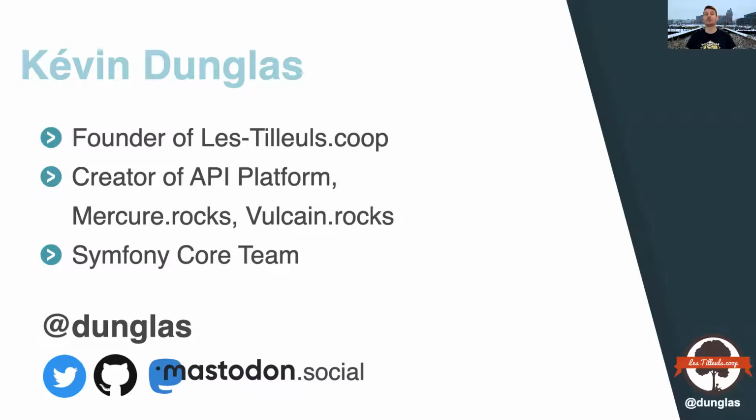So it's a tiny protocol that is performance-oriented. I'm also a member of the Symfony core team, and you can follow me on the usual social networks, including Twitter, GitHub, or Mastodon, using my last name as handle.